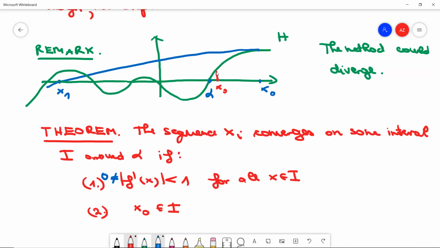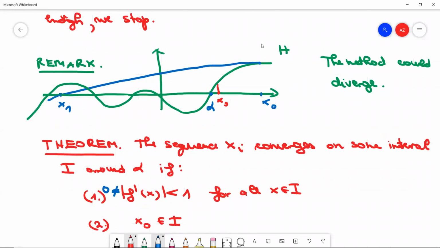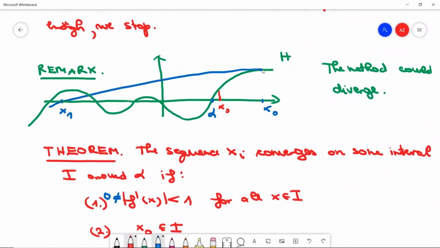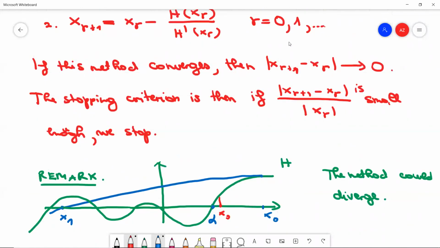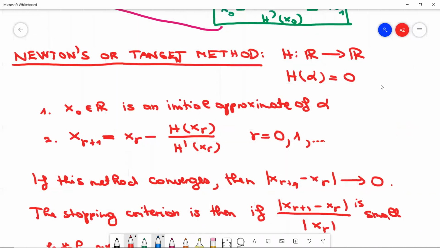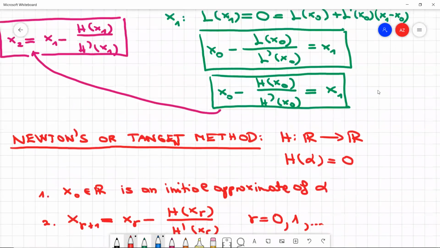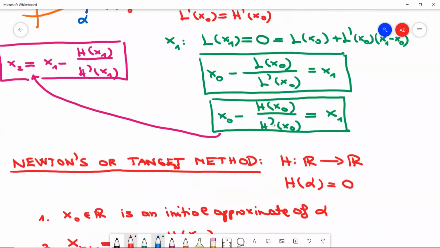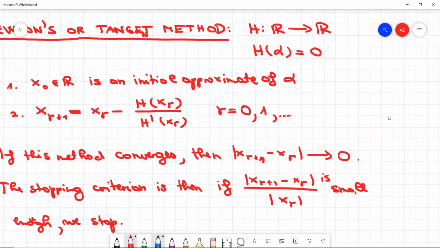So here is the derivative of h. Yeah, this is our h.